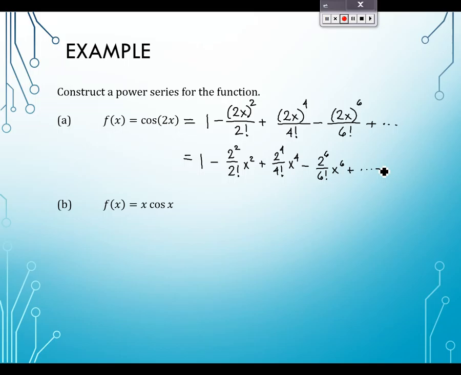And I think it's not too hard to write the actual general term here. Well, maybe it is a little hard. Let's see if we can give ourselves some space. If we index with n equals 0 here, let's see if we can write it out. It looks like 2n factorial on the bottom, and 2 to the 2n on top, times x to the 2n.